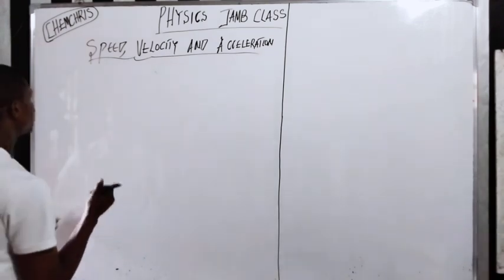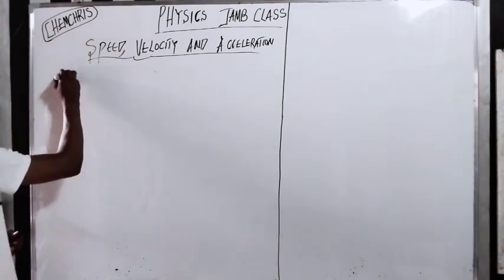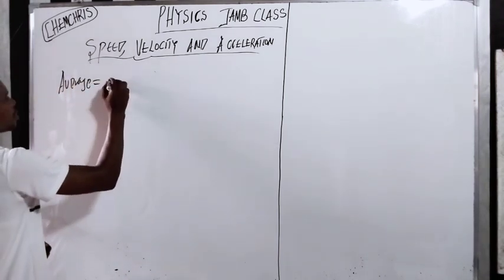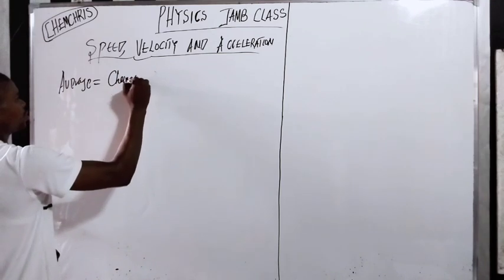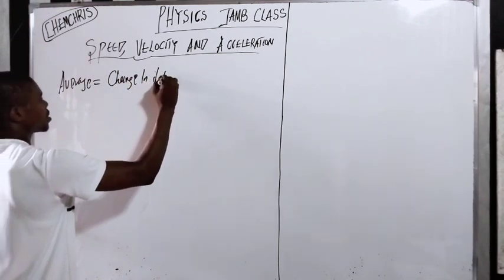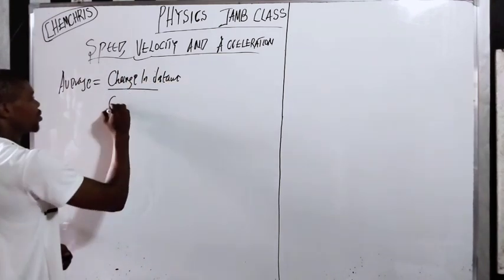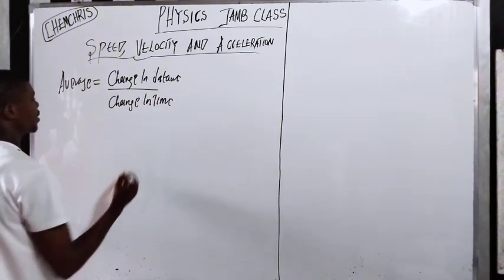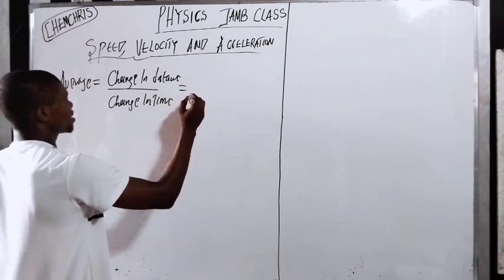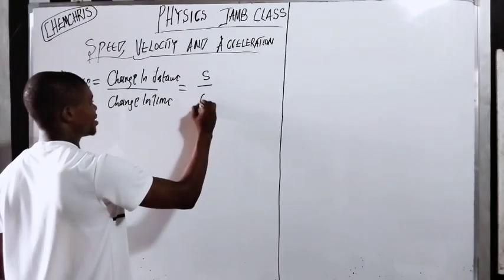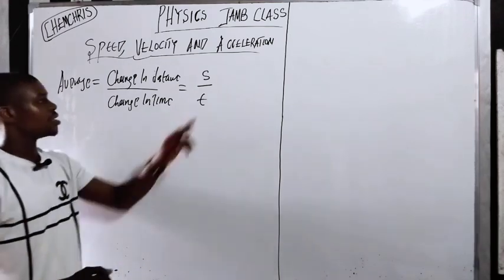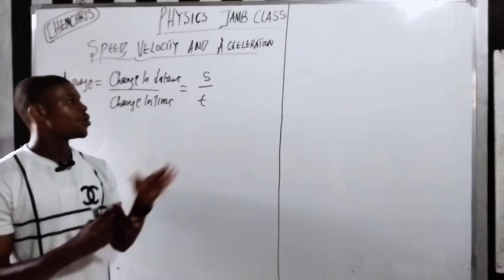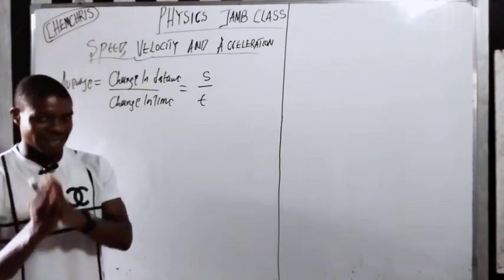So when we look at speed, average speed equals change in distance over change in time. You can say distance is x and time is t. The unit of distance is meter, and the unit of time is seconds.